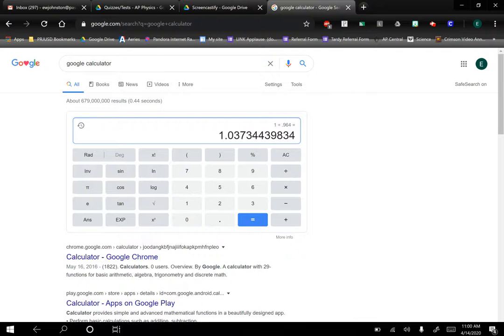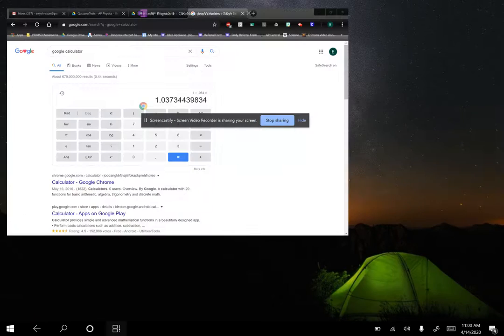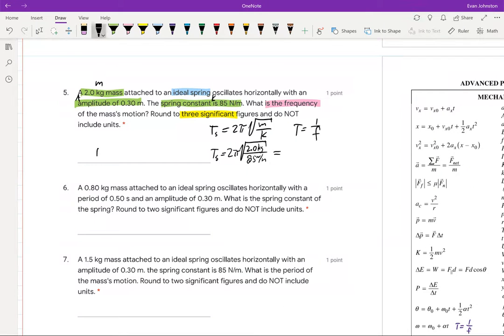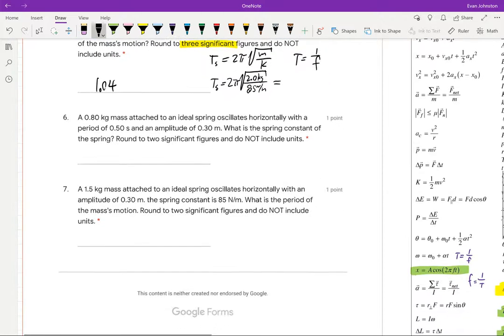So 1.04 is our answer, and there is no other way that would be correct to write this. And if you're like, whoa, I didn't get that, go back to page 16, the beginning of unit 1, where we did our significant figures. It's one side of one sheet of paper, so just glance at that, is what I would recommend.